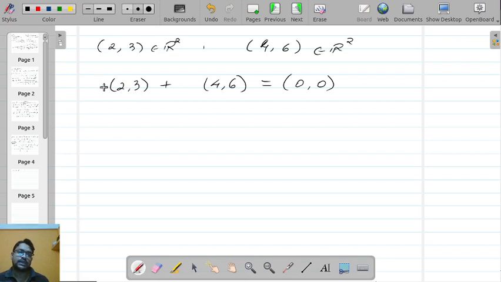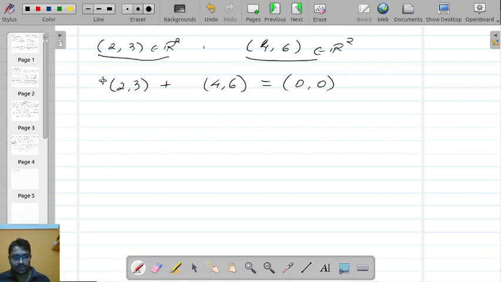Try to understand this. I have these two vectors in R^2. Can I write a linear combination of (2, 3) and (4, 6) that evaluates to (0, 0)?